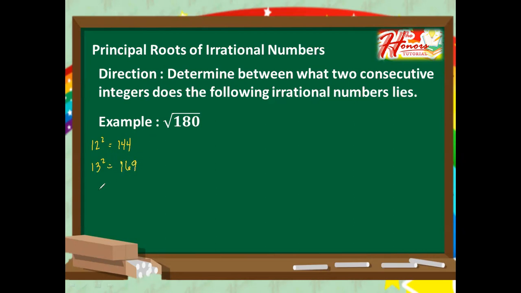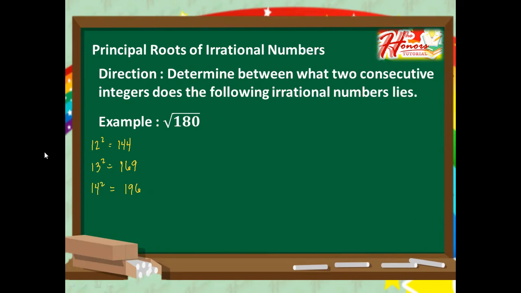It is not yet 180, so let's have 14 raised to 2. That is 196. Okay, so it's too much. 196 is greater than 180, so we have to stop.